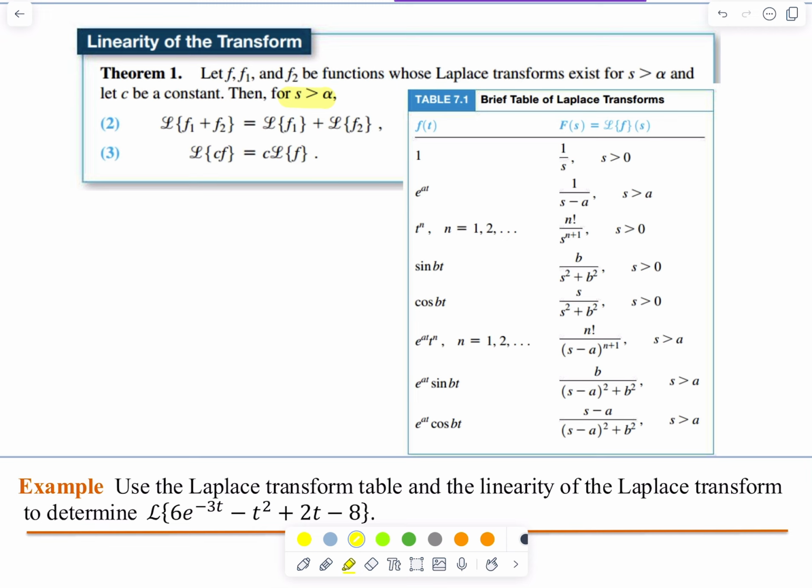In addition, we have that the Laplace transform of a constant multiplied by a function is a constant multiplied by that Laplace transform. So this property of linearity is very, very important. What we realize here is that the Laplace transform is a linear operator.